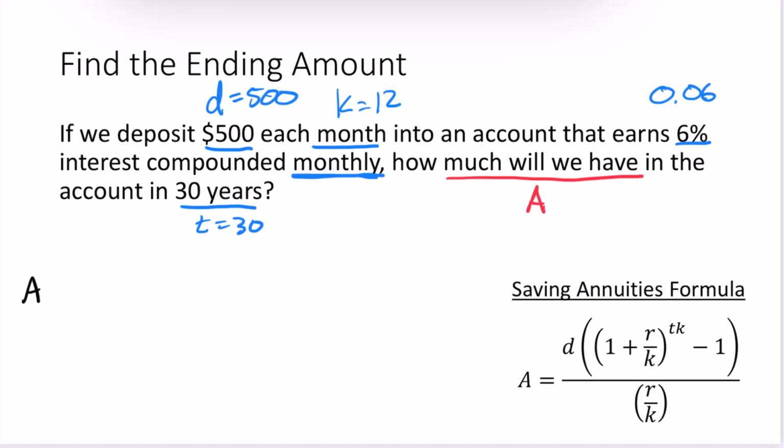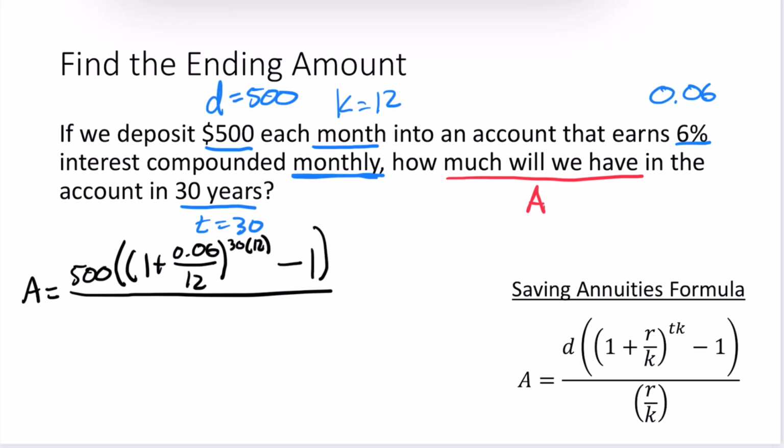So my ending amount, according to the formula, will be 500 times 1 plus my interest rate divided by 12, because I'm compounding the interest every month, raised to an exponent of 30 times 12, because I'll have that many months that I'm compounding it, minus 1, close the parentheses, and then this whole thing is over 0.06 divided by 12.